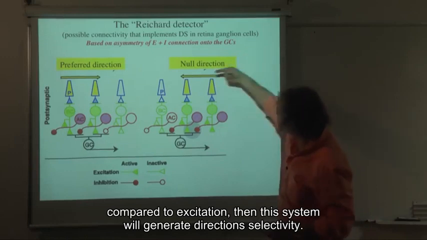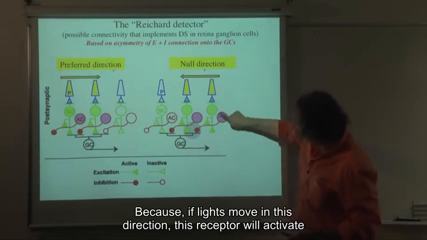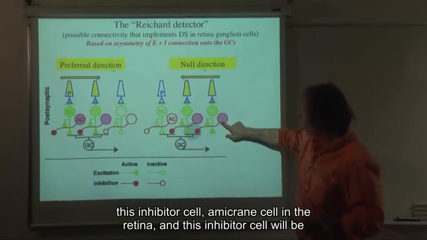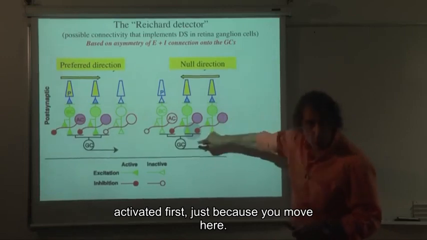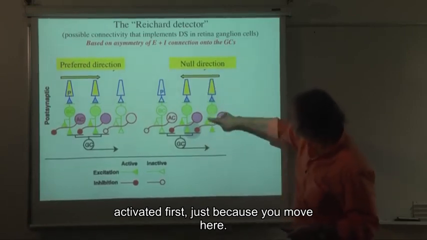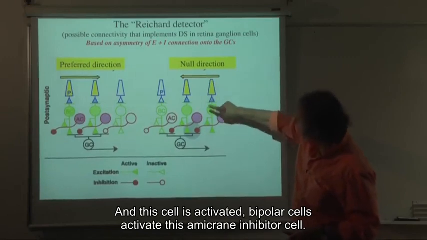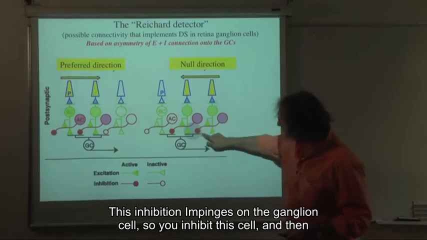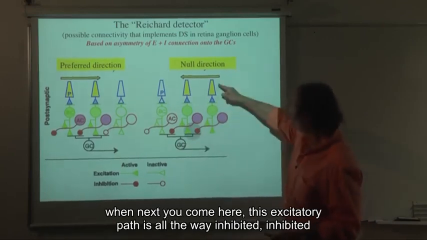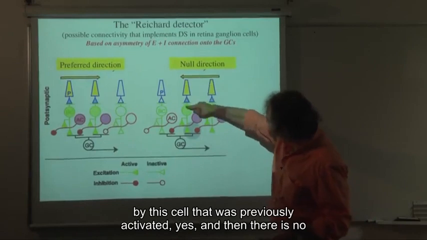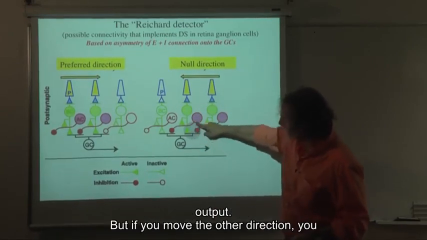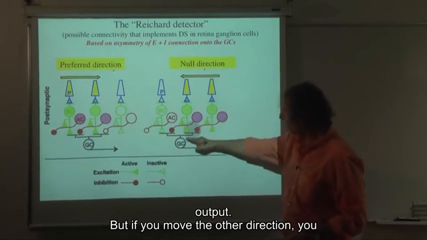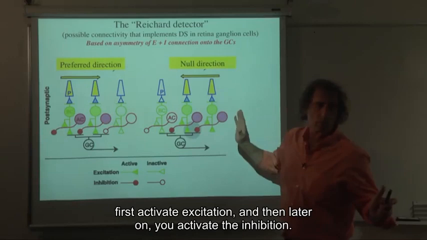Because if light moves this direction, this receptor will activate this inhibitory cell, the amacrine cell in the retina, and this inhibitory cell will be activated first. Bipolar cells activate this amacrine inhibitory cell. This inhibition impinges on the ganglion cell, so you inhibit this cell, and then when next you come here, the excitatory path is already inhibited by this cell that was previously activated, and then there is no output.